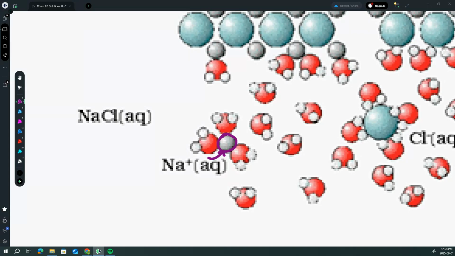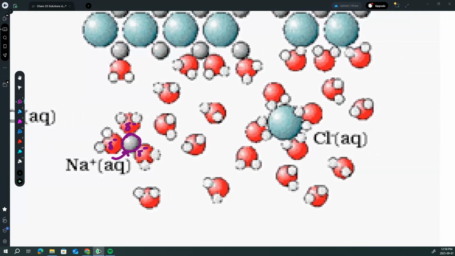And the red balls here are going to be the slightly negative sides of water, grouping or getting close to the positive ion, also known as a cation.